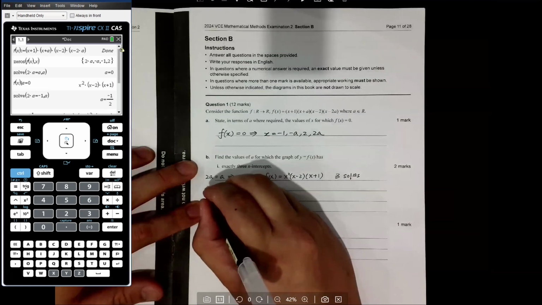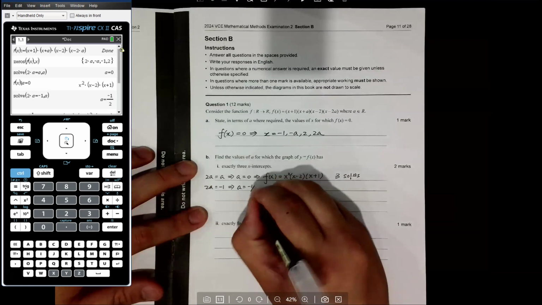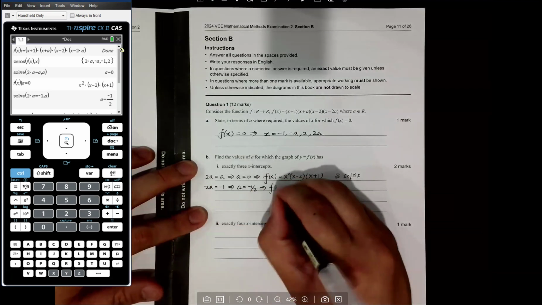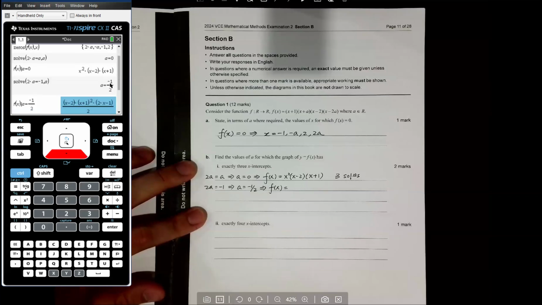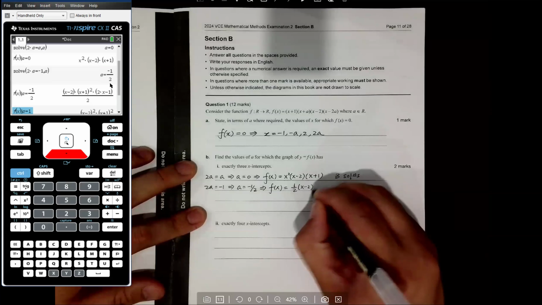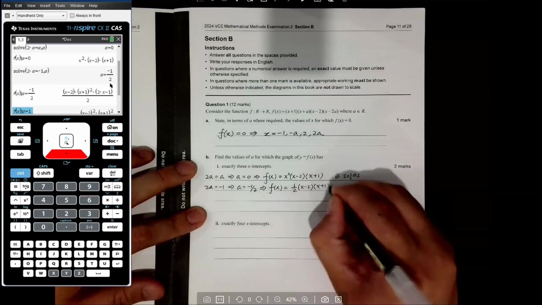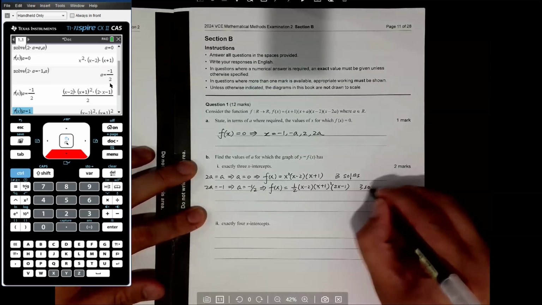And then I have 2a equals minus 1. That gives me a equals minus half. And this results in f of x being, let's say, half times (x minus 2)(x plus 1) squared (2x minus 1). Still 3 solutions.